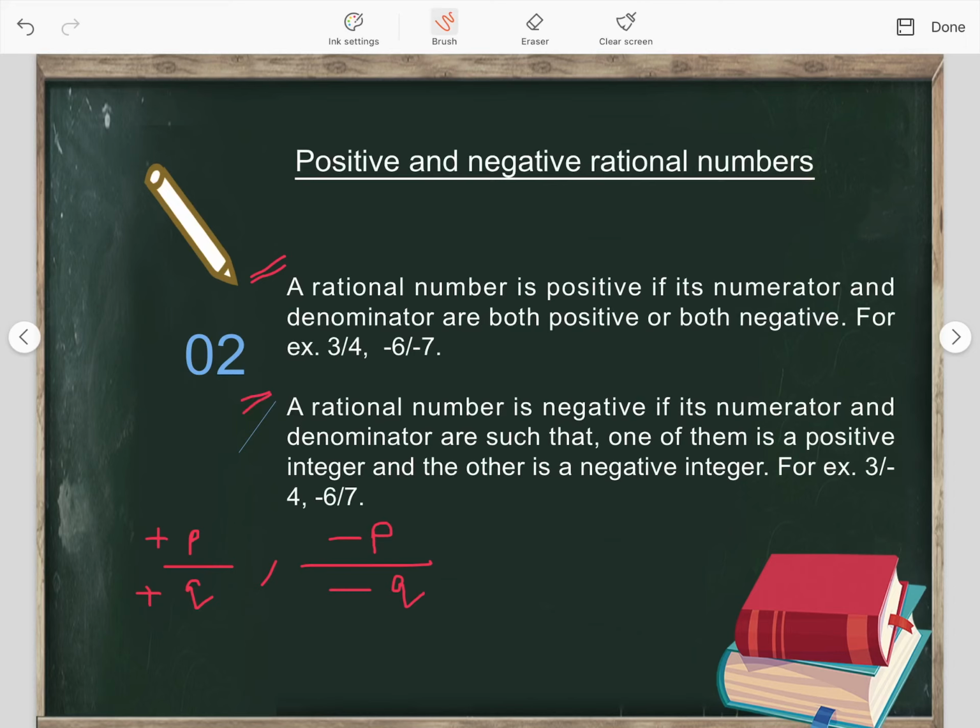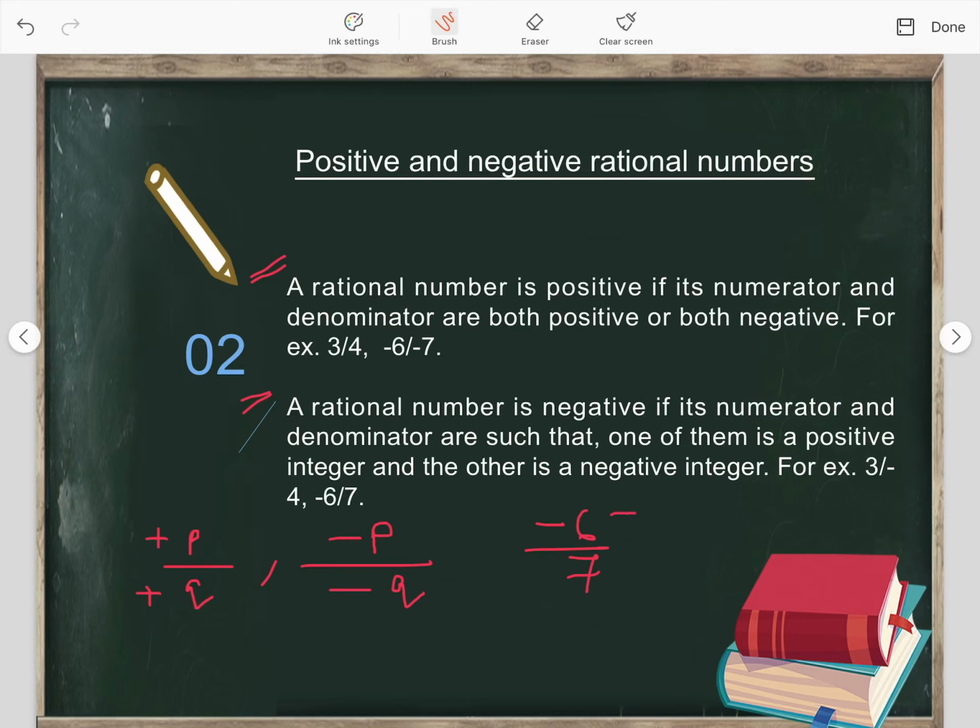For example, I have given 3/-4. Here you can see the numerator is positive, but the denominator is negative. So it is a negative rational number. Understood? Then the second one is -6/7.